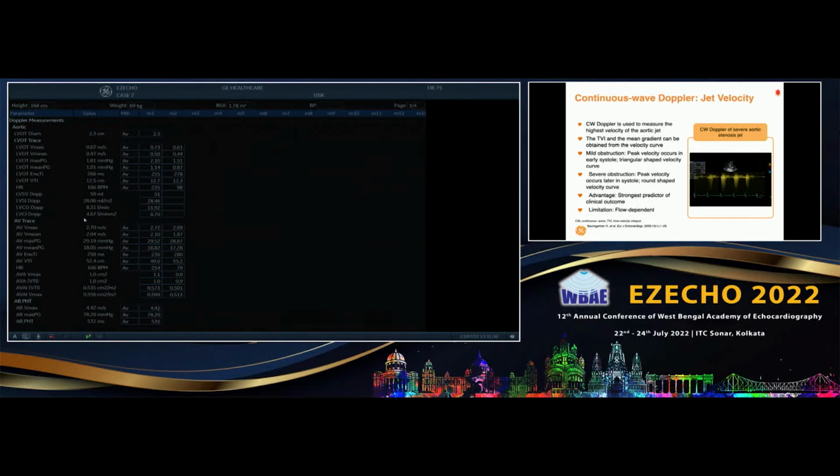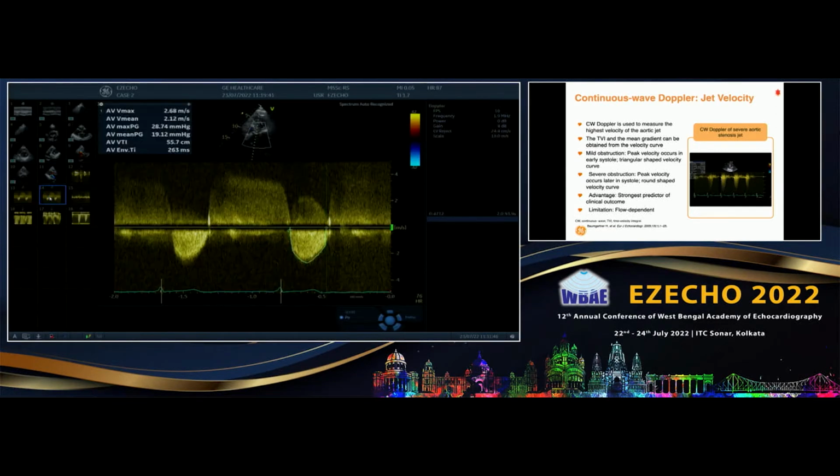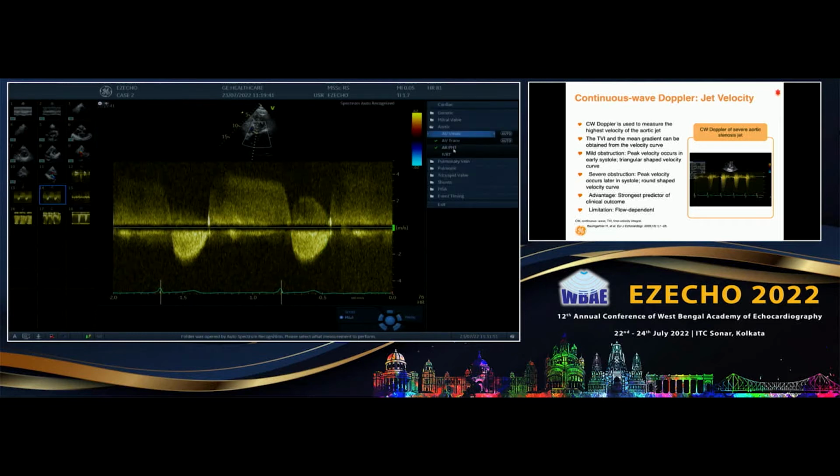So 50 ml is the stroke volume, and in how much time is it ejected? Let us look at the ejection time. Go to the aortic tracing and take the ejection time. Take the time caliper, the generic time caliper.